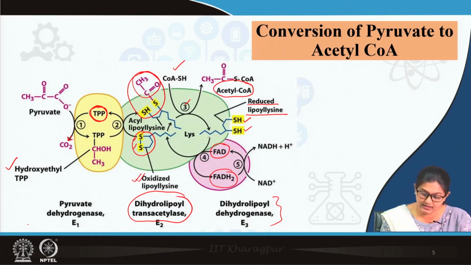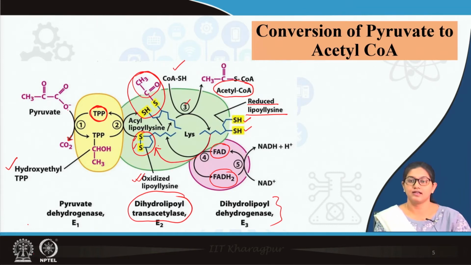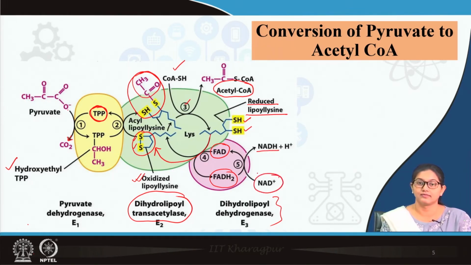Once again you can see that from here the oxidized form is there. Now, this reduced FADH2 gives up the hydride to generate NADH from NAD.